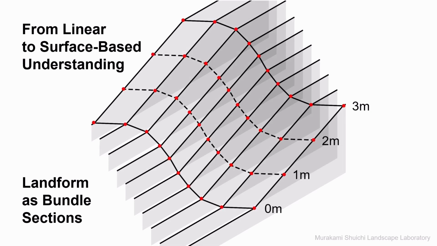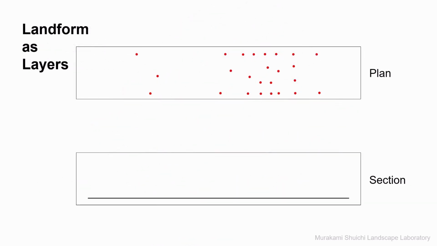A contour line is a line formed by connecting points of equal elevation. The surface of a landform can be understood as a collection of countless points. The plan above shows only some of those points. The elevations vary from one another.